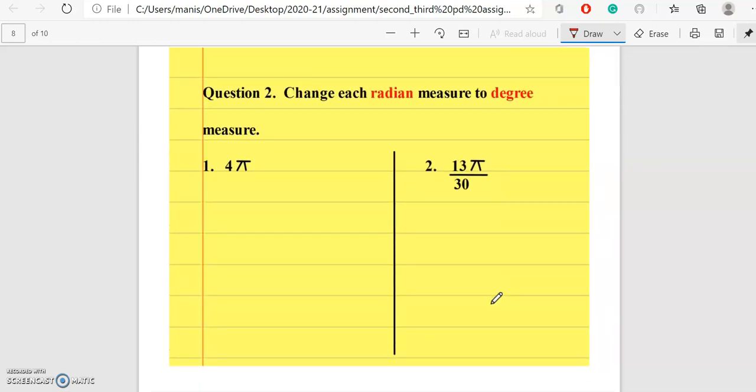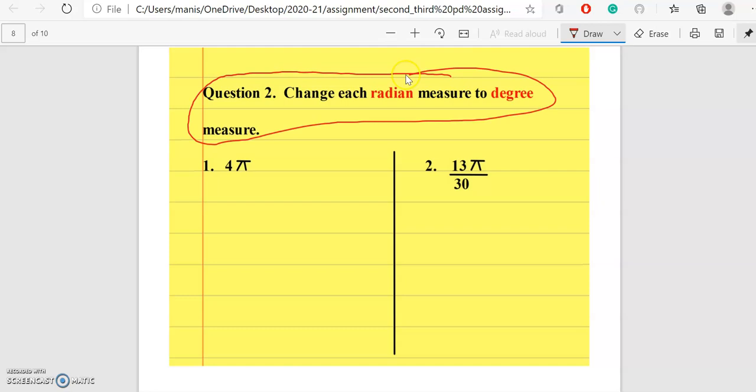Now again, it says change radian to degrees. And I told you it's very easy. Whenever you see a pi symbol, you multiply by 180 and pi should be in the denominator, because what we are trying to do is get rid of pi. This is 1, write it over here. So this pi and pi get cancelled out.